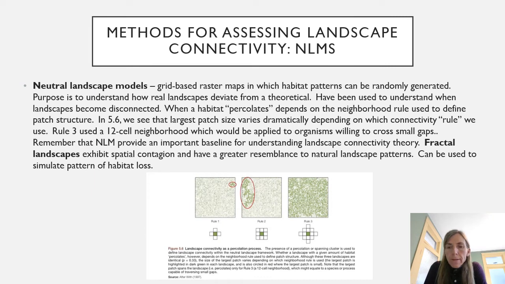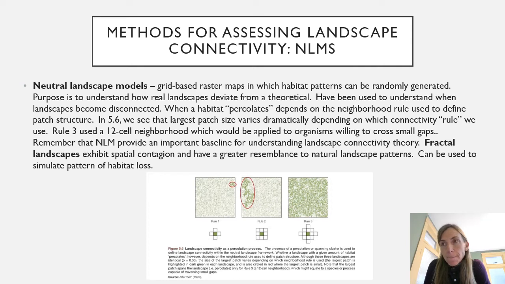The book goes into a fair amount of detail on neutral landscape models. These are grid-based raster maps where habitat patterns can be randomly generated. They help us understand the theoretical features of connectivity. And they help us understand how real landscapes actually can deviate from these theoretical landscapes.